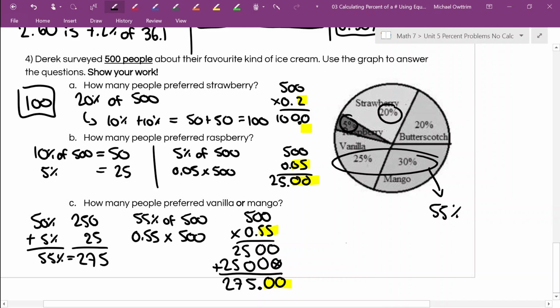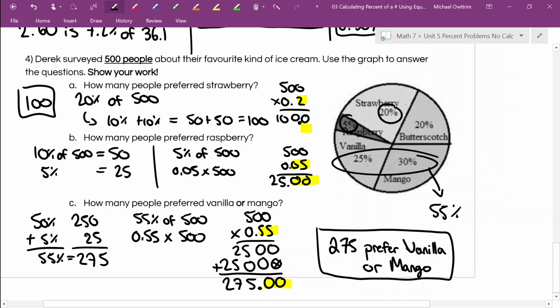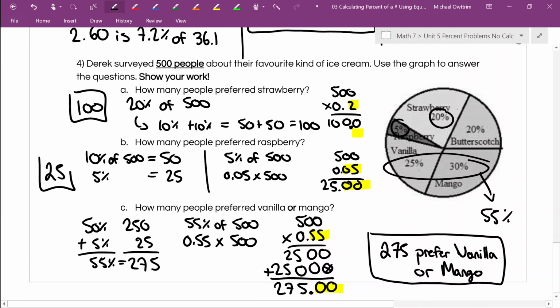Either way, we get 275 people for vanilla or mango. Okay. And then obviously 25 people for raspberry. So, hope that has helped you understand how to write and solve equations for calculating percents, obviously with equations.